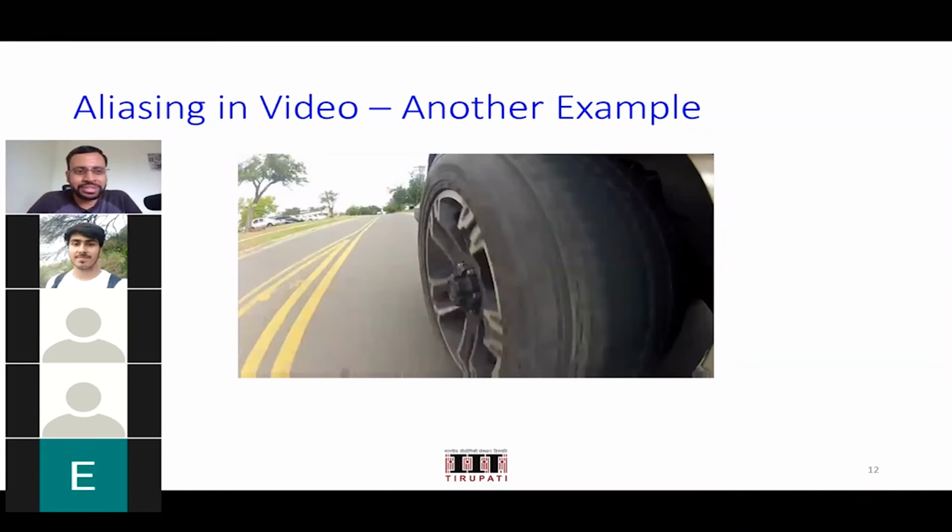I'm not playing the whole thing, but let me just briefly talk about it. This effect, you would have seen it in movies as well. What would happen is, it looks like some parts are moving back rather than moving forward.